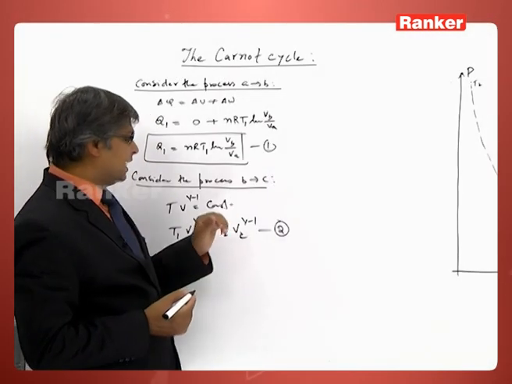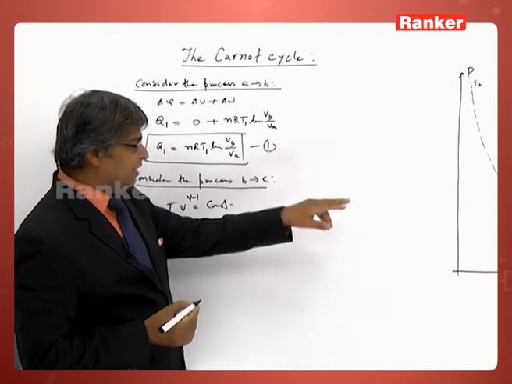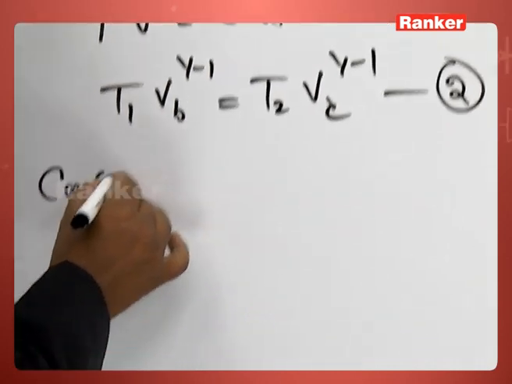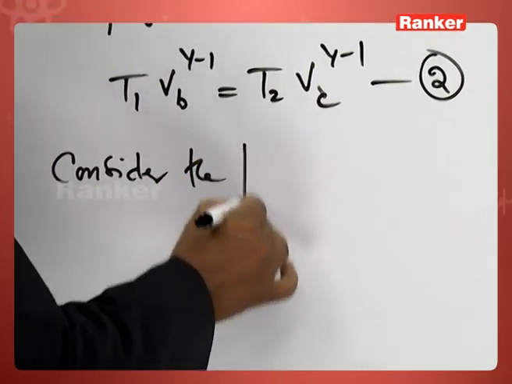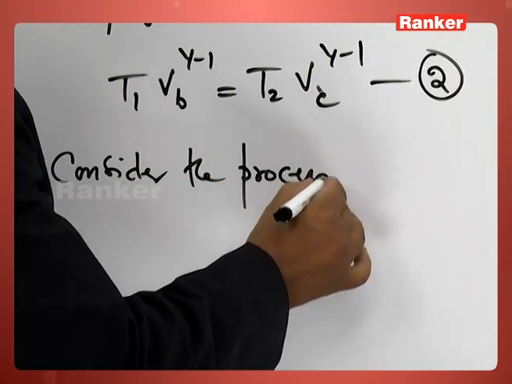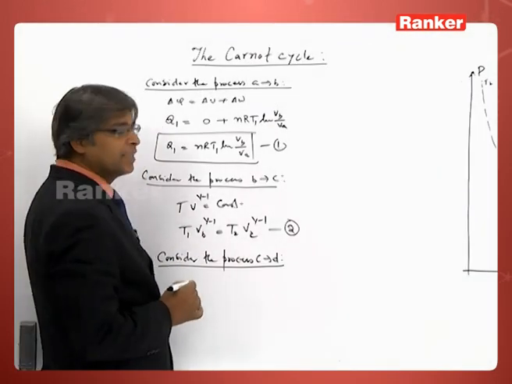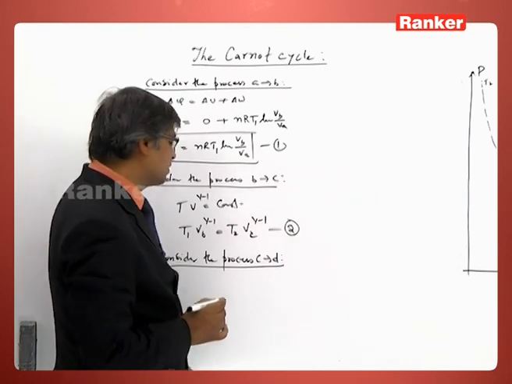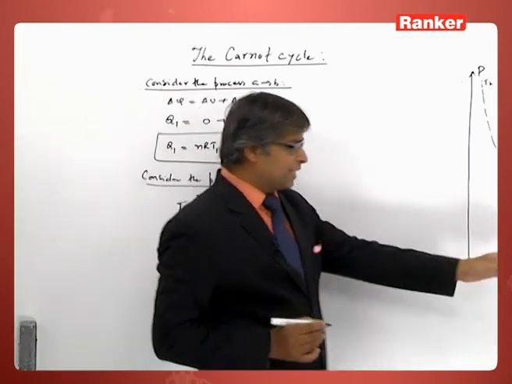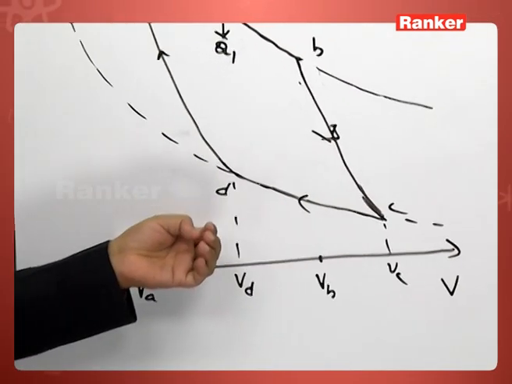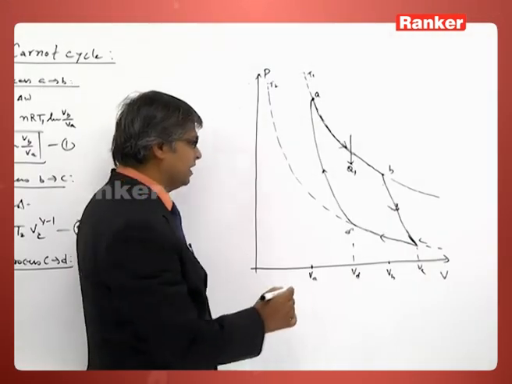Now let us come back from B to C, then now C to D. So consider the process C to D. This is again an isothermal process. So in this process, the volume is decreasing, the temperature is constant, means heat is rejected.